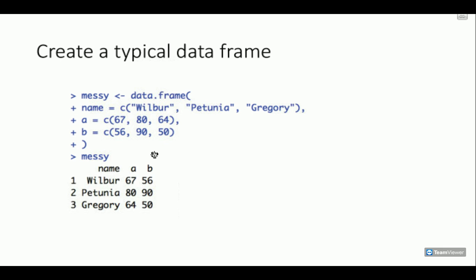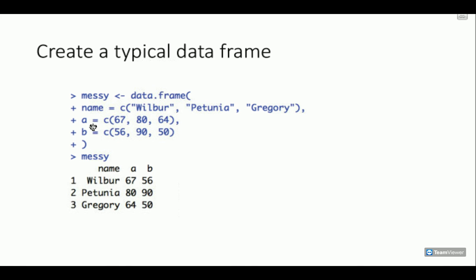So let's go into one example of a messy data set. Here we are creating a data frame with a bunch of names, and then two variables, A and B, which are likely drug and heart rate.